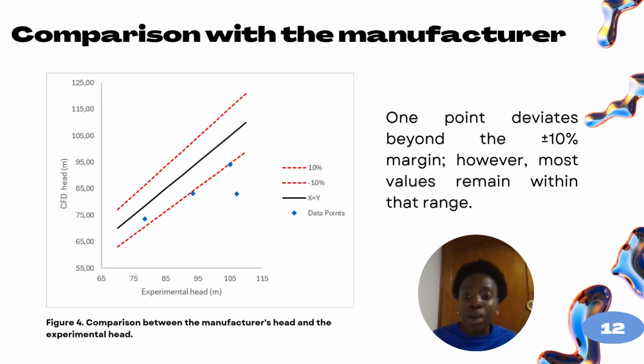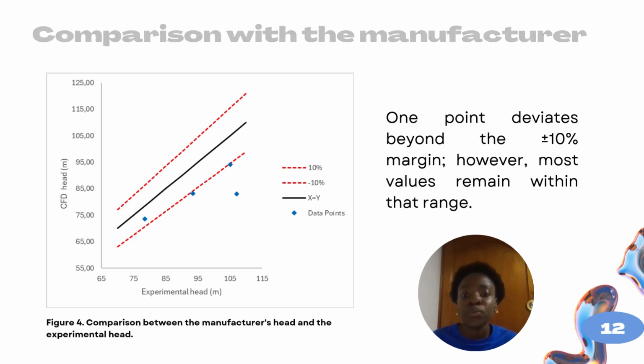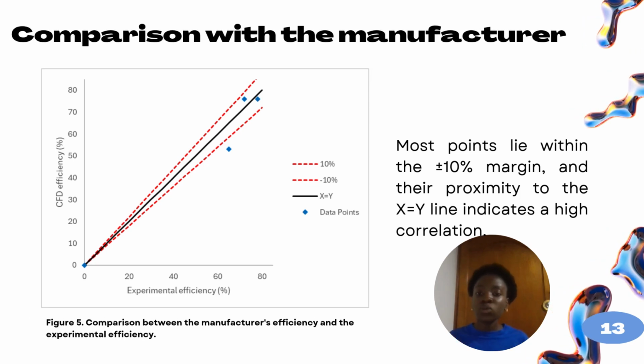Any point that falls beyond this plus or minus 10% indicates a notable difference between the CFD head and experimental head results. Even so, most values cluster near the ideal line, demonstrating acceptable correlation. Comparison of the manufacturer efficiency and the experimental efficiency.